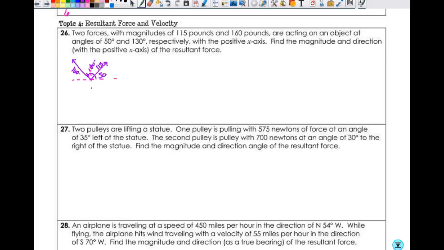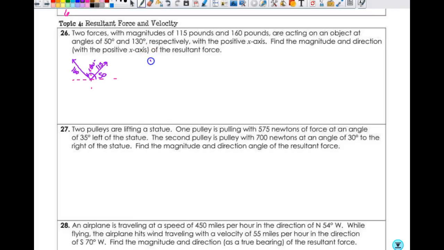Now remember, that's just drawing them, just the two vectors, just to have an idea of what's what, and we can figure out the angles. I didn't actually put them end to end. You totally can. I'm going to do them two different ways here so that you can remember what to do. All right, so we have force 1 and force 2.